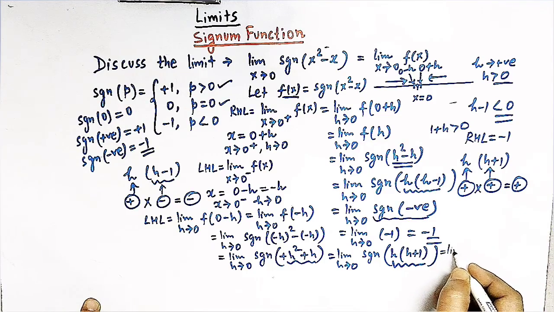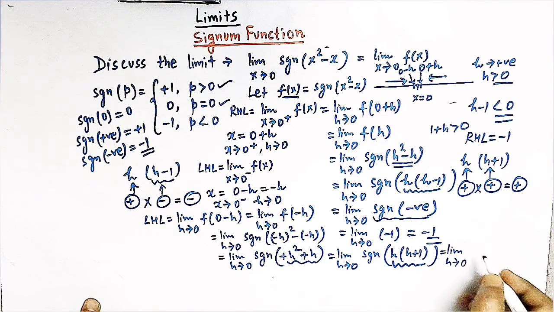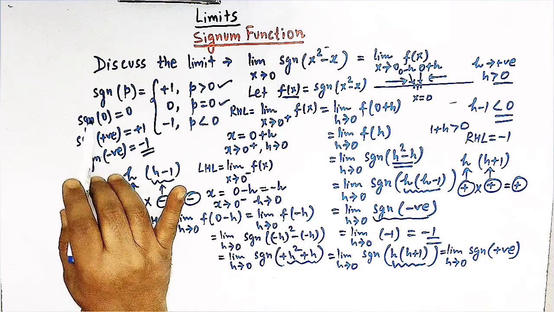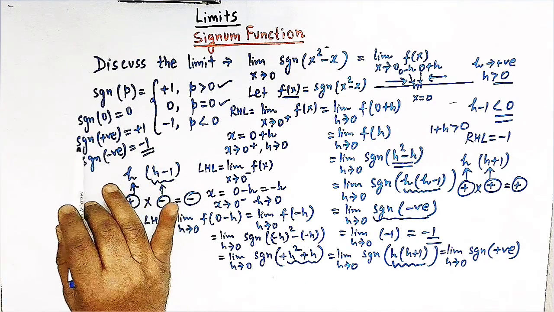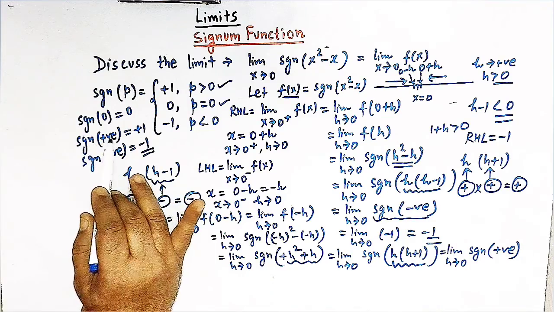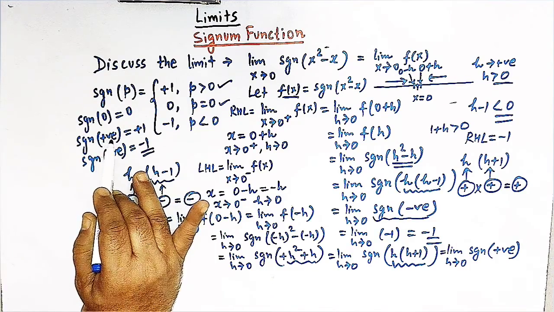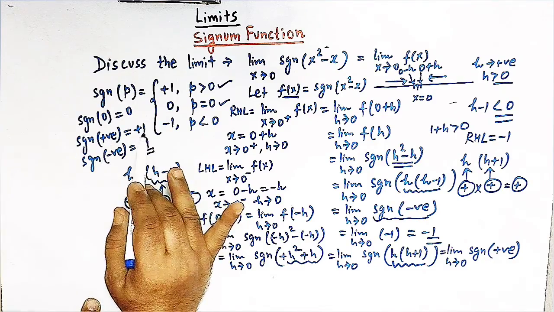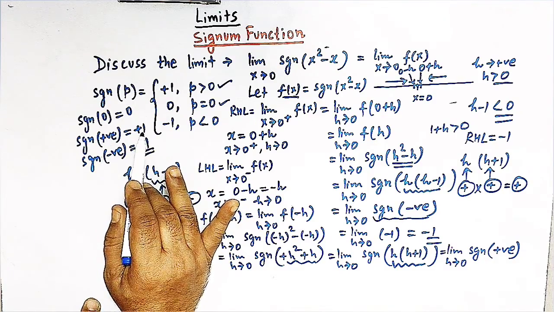So we have limit h tends to 0, and here we have signum of some positive quantity, right? And from the definition of signum function, we know that when the input is a positive quantity, then signum of some positive quantity gives us plus 1, right?